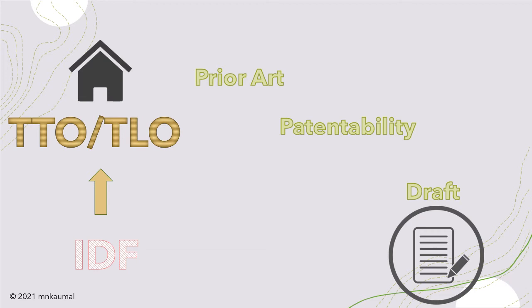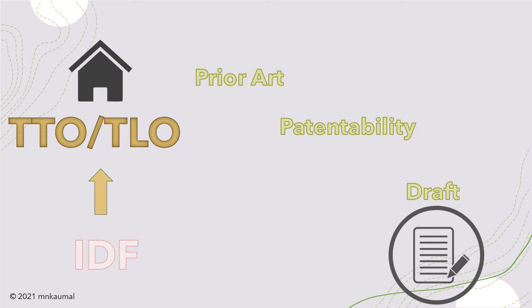Then the TTO office will look at it and run a quick prior art search. Another new term: prior art means any technology reported previously. It can be a journal article, a patent, a diagram, a video, a book chapter, a paper article. Anything comes under prior art.